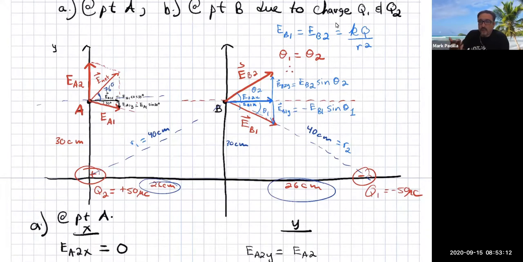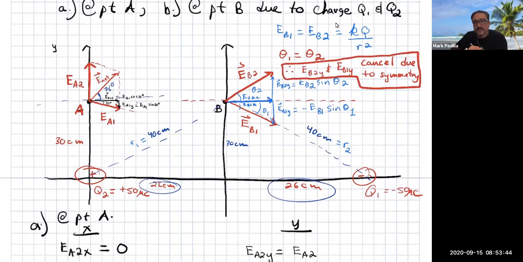So I would want to see a statement that says something about those components. Therefore, EB2y and EB1y cancel due to symmetry. If you have a symmetry argument, you need to state that.